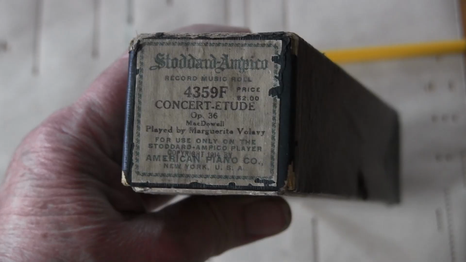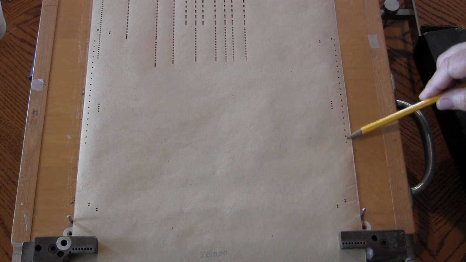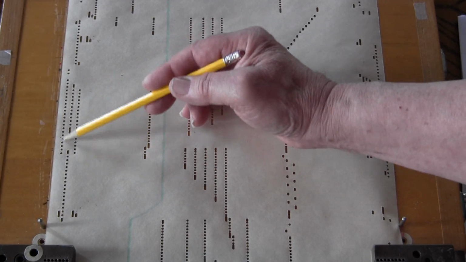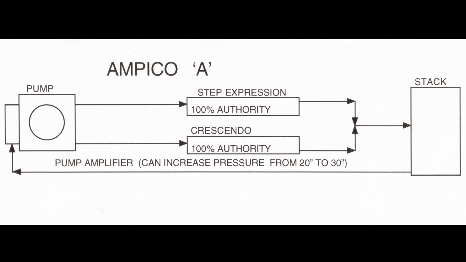Rarely is it used to establish the overall volume level and change that level in large amounts. That technique seems to be present only in the early rolls from the Stoddard Ampico era. But the crescendo gave roll editors great flexibility. The steps and crescendo combination offered a platform unequaled by Ampico competitors.